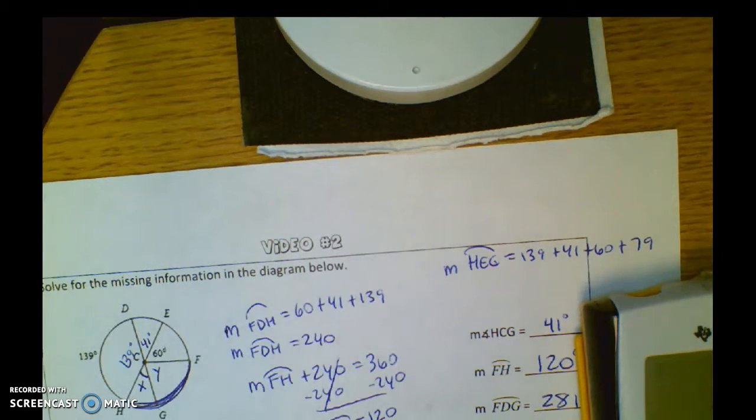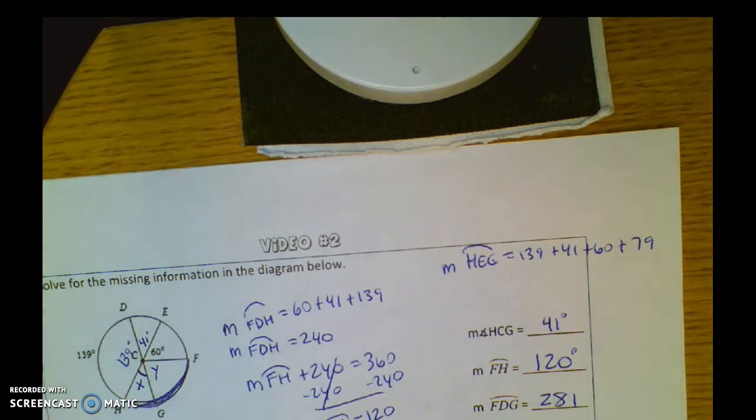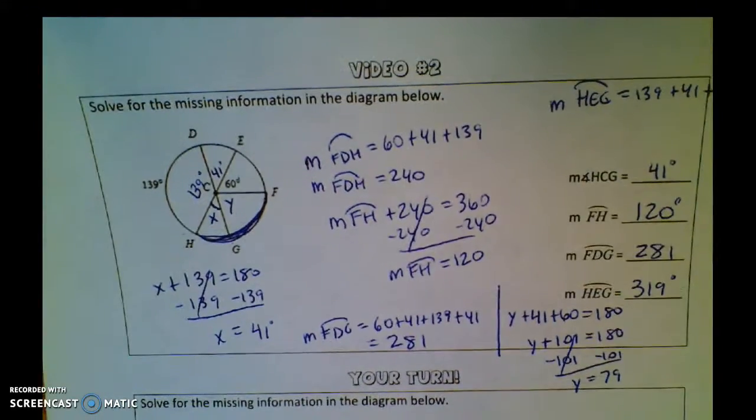So adding those together, you get 319 degrees. And that's how you use the central angles to find the missing values. So there's a lot of components that we're putting together in one problem to solve.